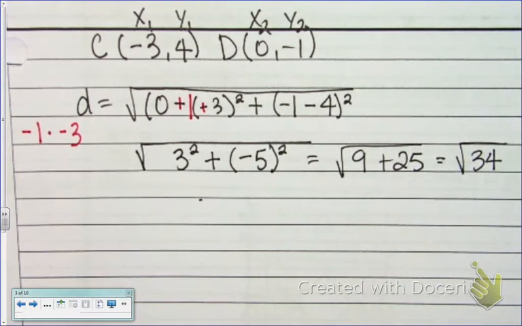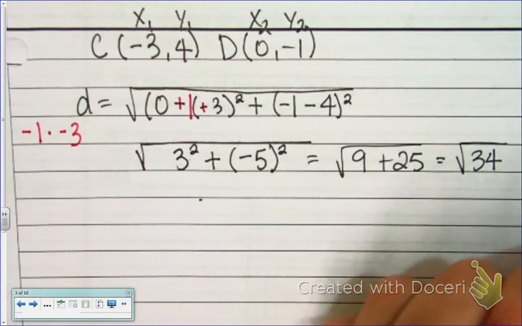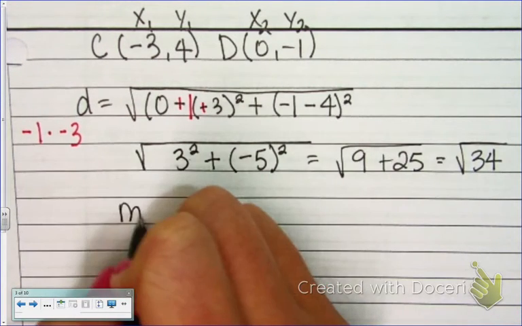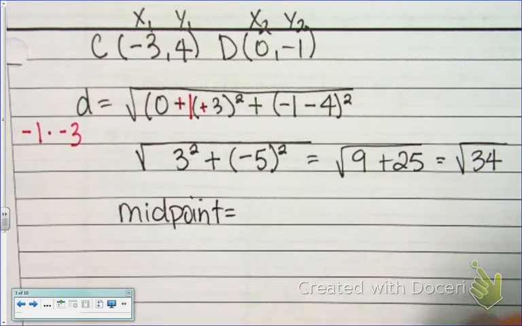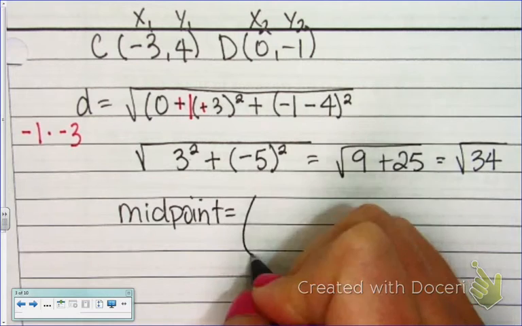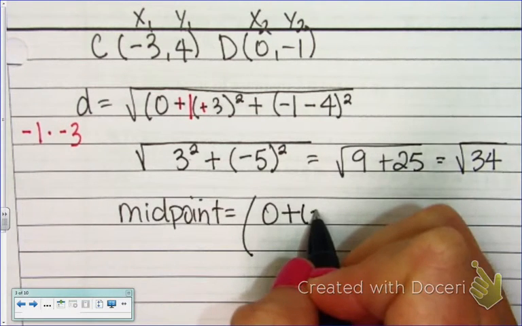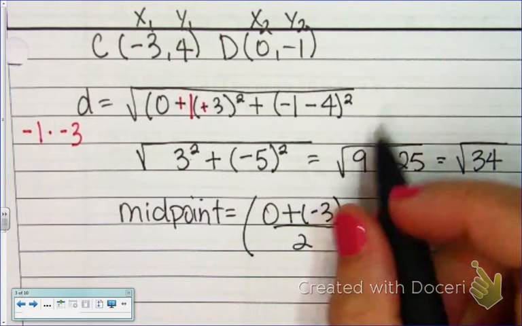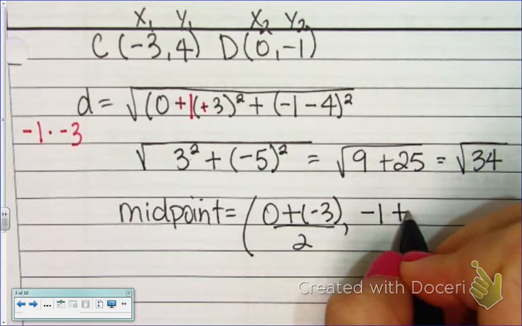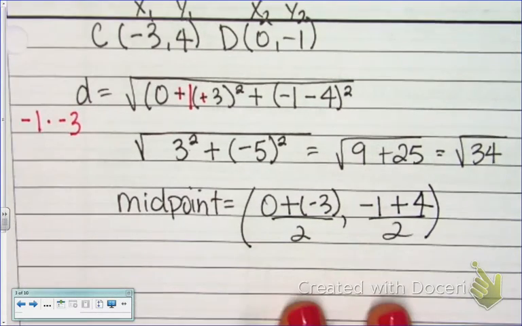Now if we're trying to find the midpoint, it's a little bit different formula, but it's essentially the same. We're just going to be plugging in numbers. So we have our midpoint. I'm not going to use M because we already have a formula with M in it. So my x2, 0, plus my x1, I'm going to put that in parentheses just so I don't forget. And then I have my y2, -1, plus my y1, divided by 2.